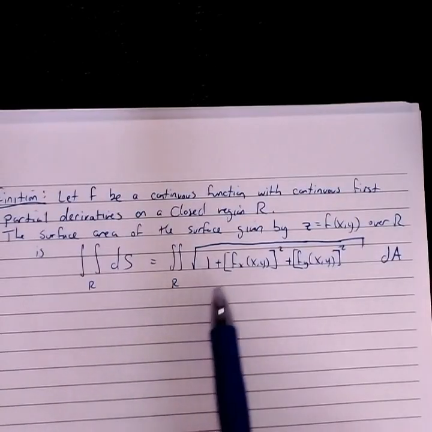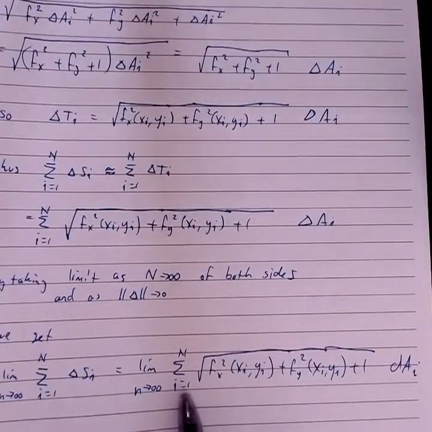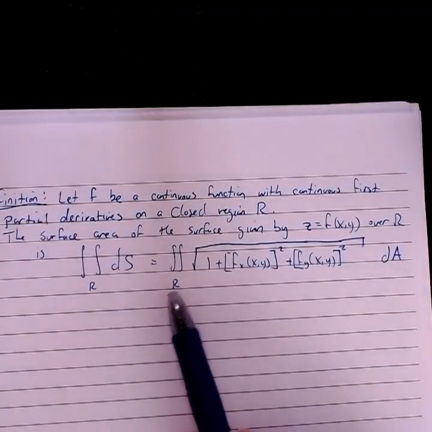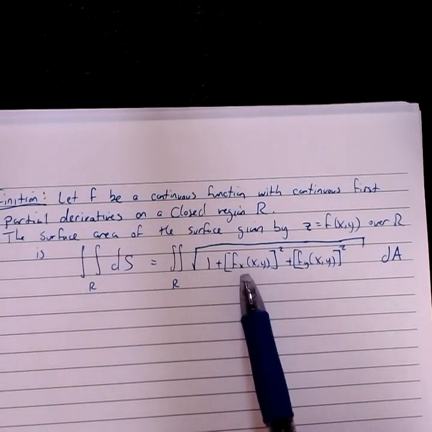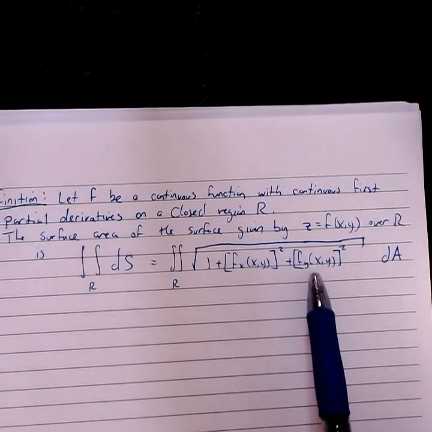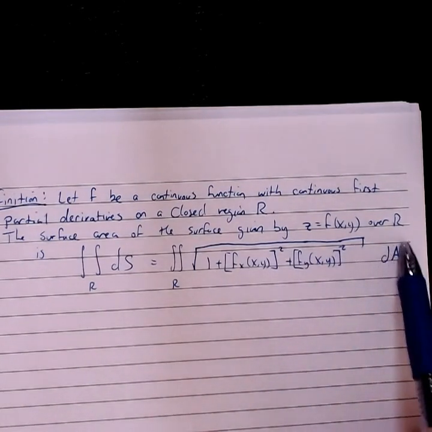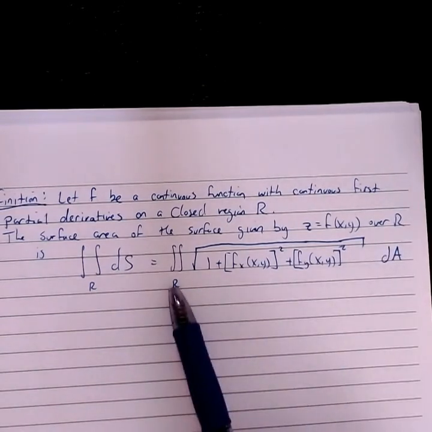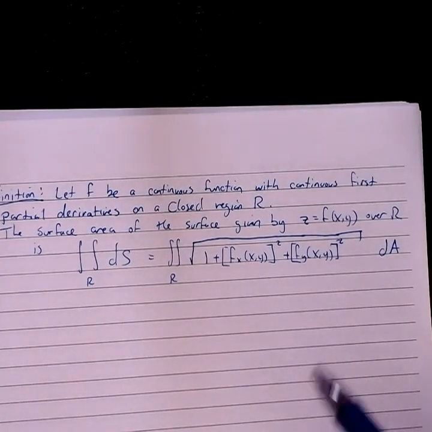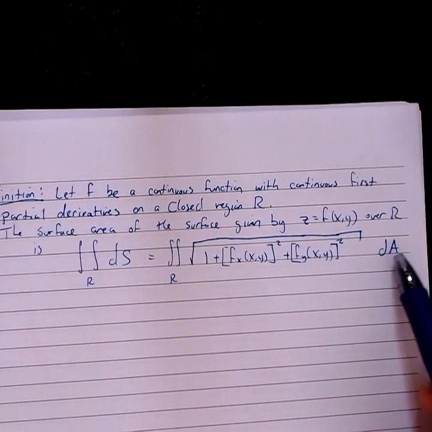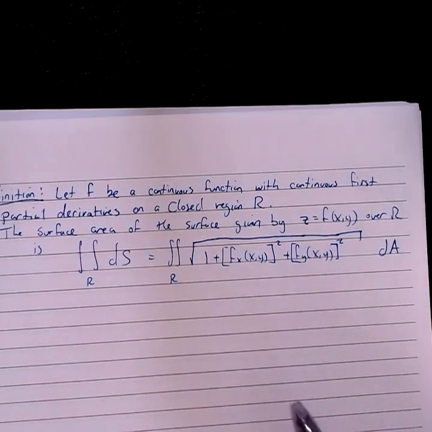That's going to be given by, and this is essentially the right-hand side of this, the double integral over that same region R of the square root of 1 plus the first partial with respect to x squared plus the first partial with respect to y squared, with respect to A. Fubini's theorem tells us that, of course, we can evaluate this either with respect to x and then y, or with respect to y and then x.